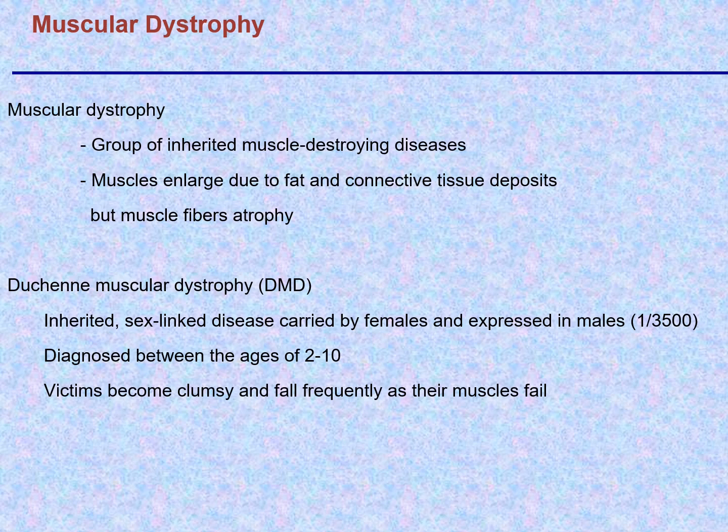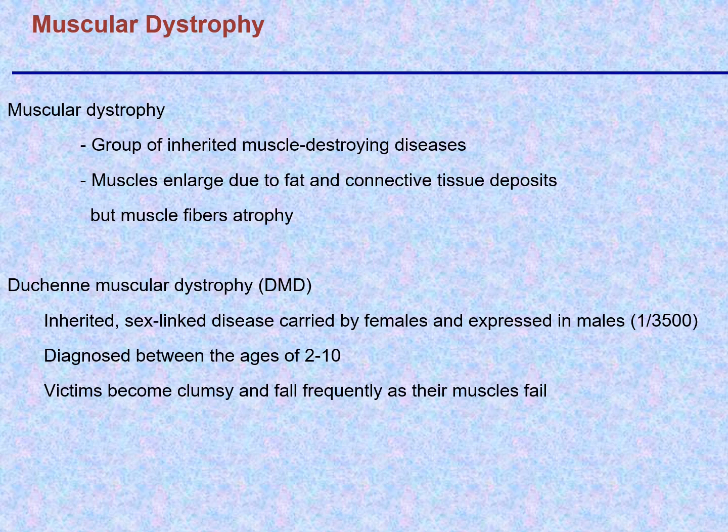There is a genetically based inherited disease called muscular dystrophy, which can affect muscle. You get an increase in fat and connective tissue deposit in the muscle, and the muscle fibers themselves will shrink, they'll atrophy. That's muscular dystrophy. There's also another genetically based inherited disease called Duchenne muscular dystrophy.